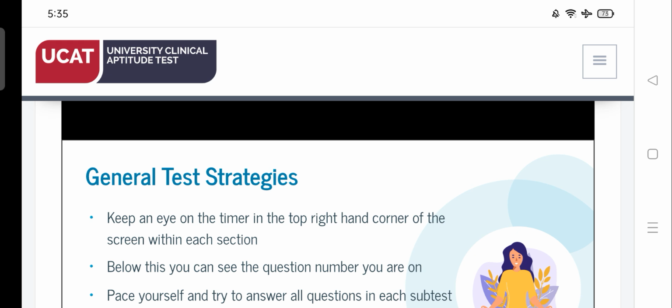So you always have to keep your eye on that timer, how much time is remaining for this question, and then you can solve it quickly and move to the next screen. Below this you can see the question number you are on. The one we have discussed, the progress indicator, shows which question you are on and how many are remaining, out of how many.